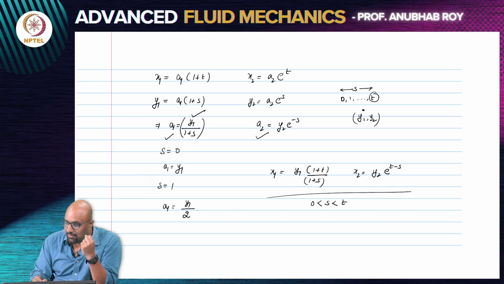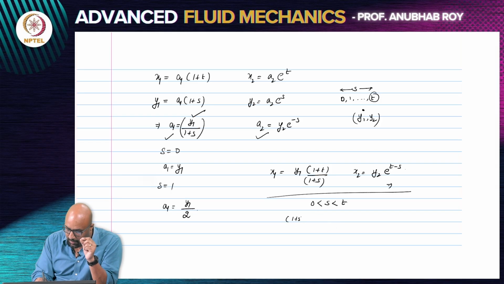So you have fixed the value of t. You have said I want to find out the streak line at a time instant t. Once t has been fixed, now I can try seeing if I can eliminate s. So let's use the x1 equation.